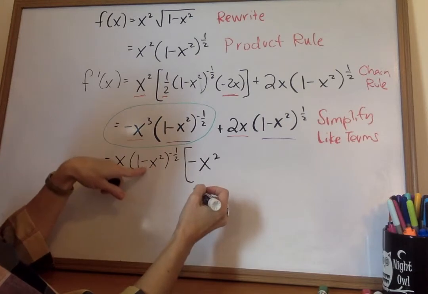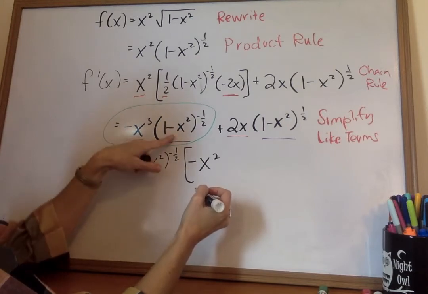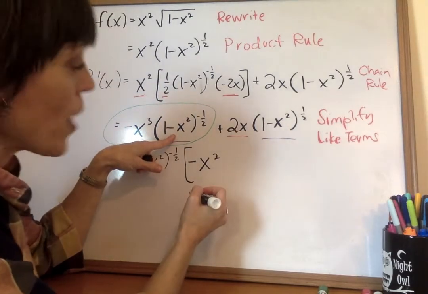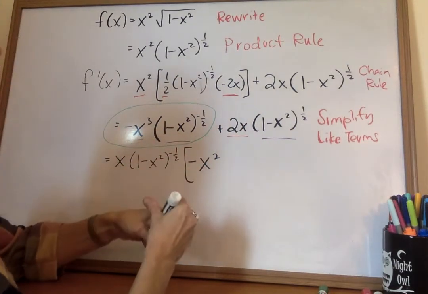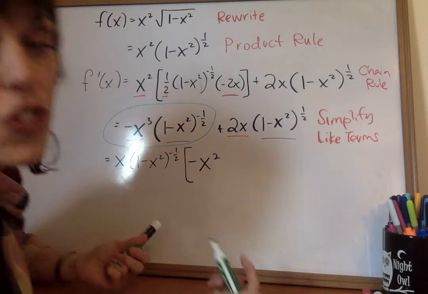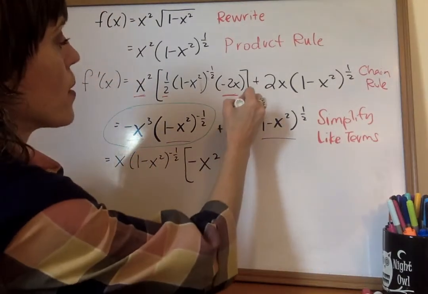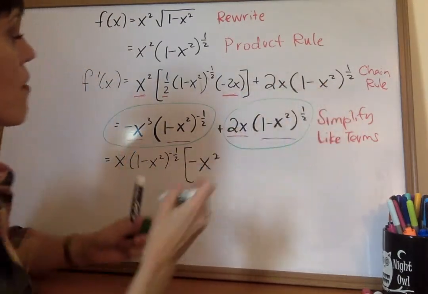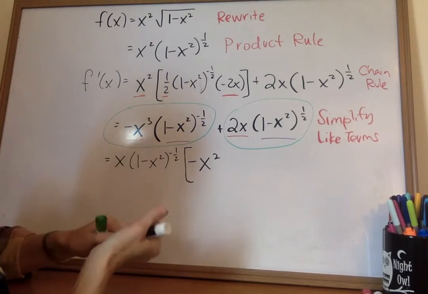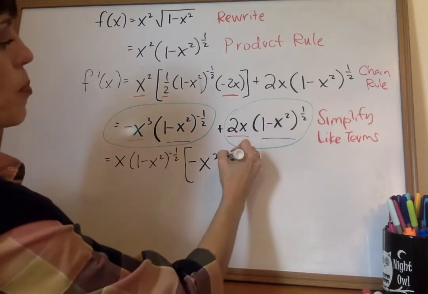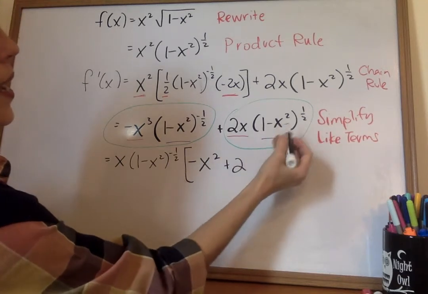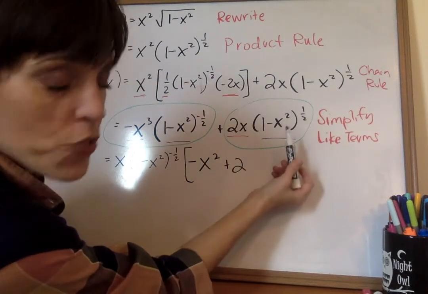And 1 minus x squared to the negative 1/2, I'm just dividing that out of itself, so that is now just 1. Now I'm pulling out of this, so I pull out an x from 2x, that's going to leave me plus 2. And now here's where things get pretty interesting.